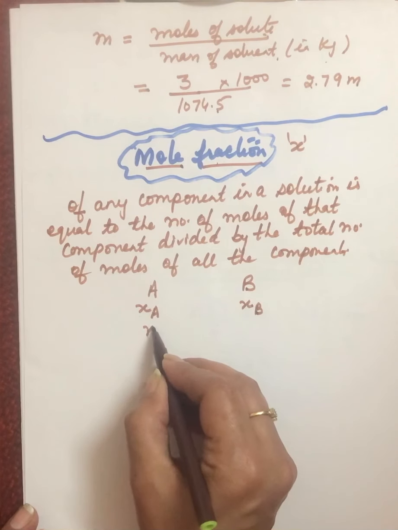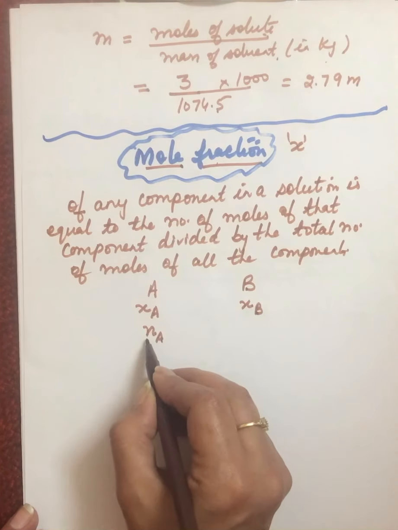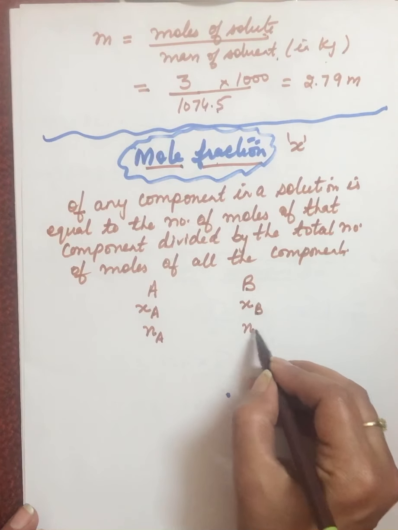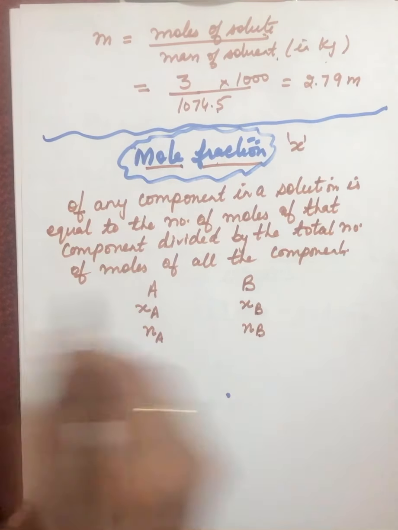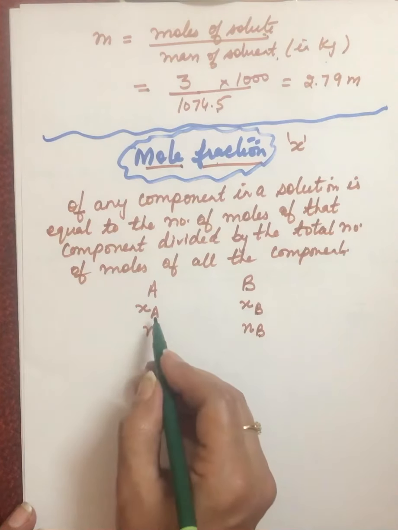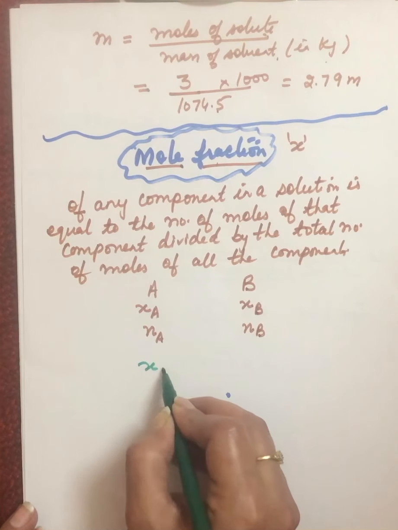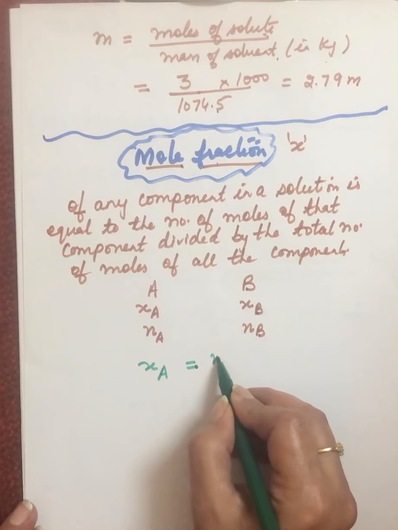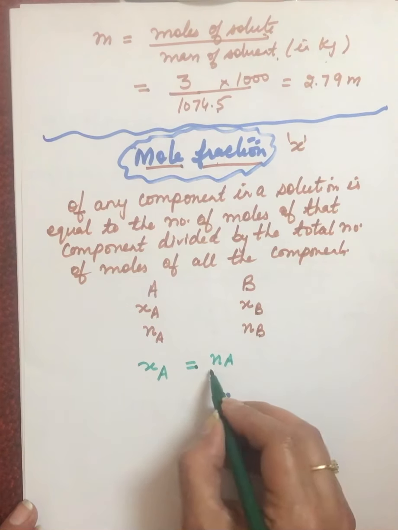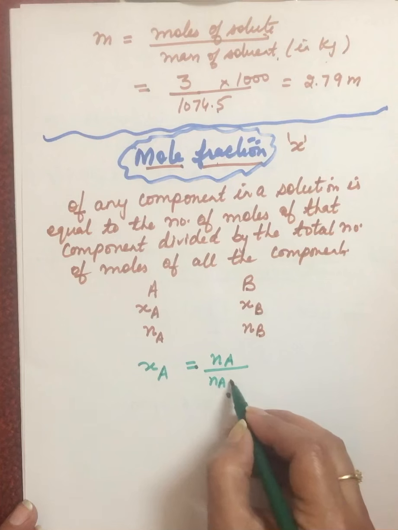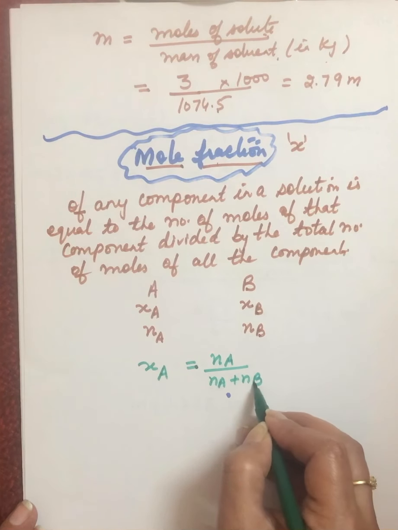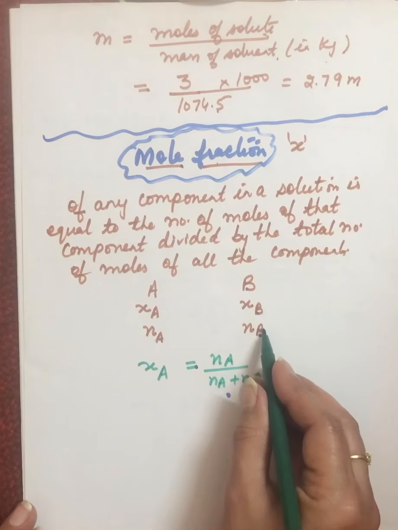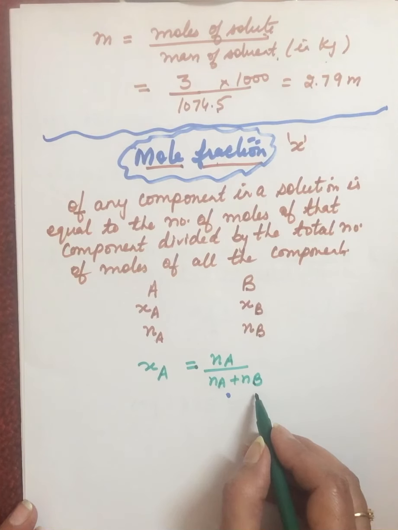Number of moles for A is Na, for moles symbol is N, and number of moles of B is Nb. So if we need to find out the mole fraction of A component, that is XA, which is equal to number of moles of this component divided by sum of number of moles of all the components in a solution, that is number of moles of A and that of the B.